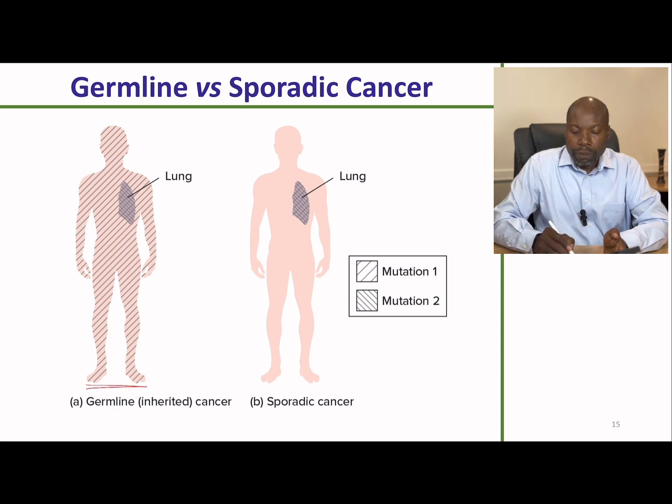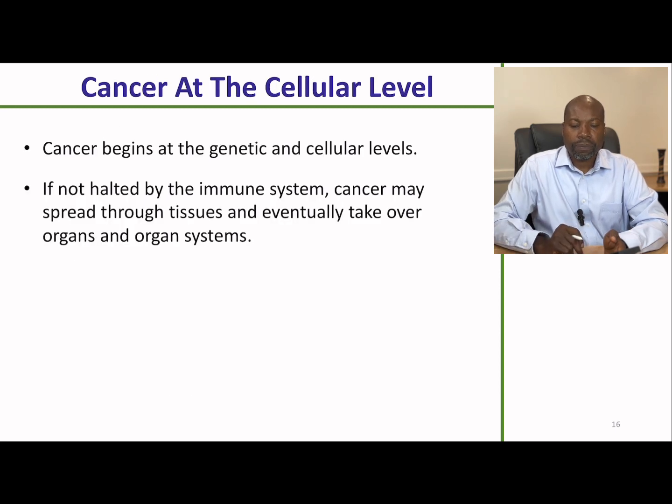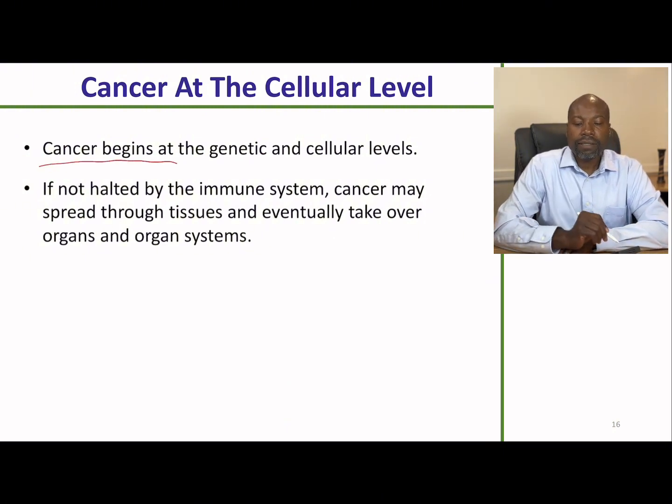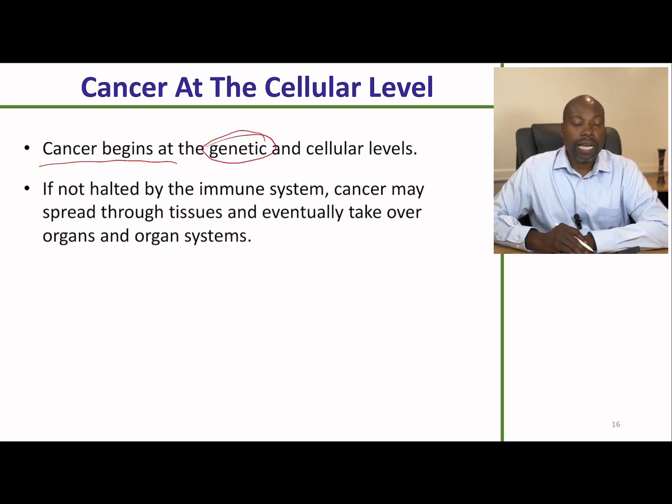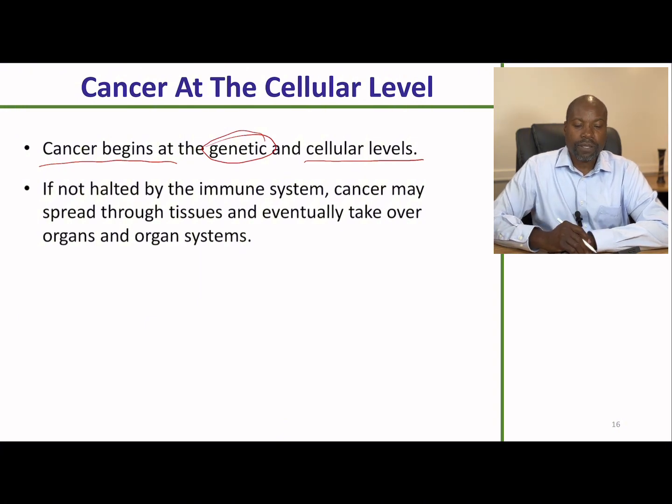So here we have germline mutation, and here we have sporadic mutation that can lead to cancer, for instance, lung cancer here, okay? It's not passed down to offsprings, while germline cancer is passed down to offsprings. All right, so at a cellular level, the cancer begins always by a change in the genes, okay? And this change in the gene eventually is going to affect how the cell functions, okay?